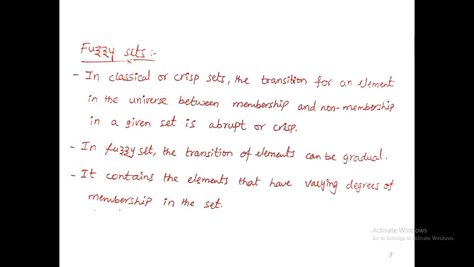So here it can go gradually. Instead of yes or no, we can set some other intermediate decisions also: partially yes, partially no, complete yes, or completely agreed yes.